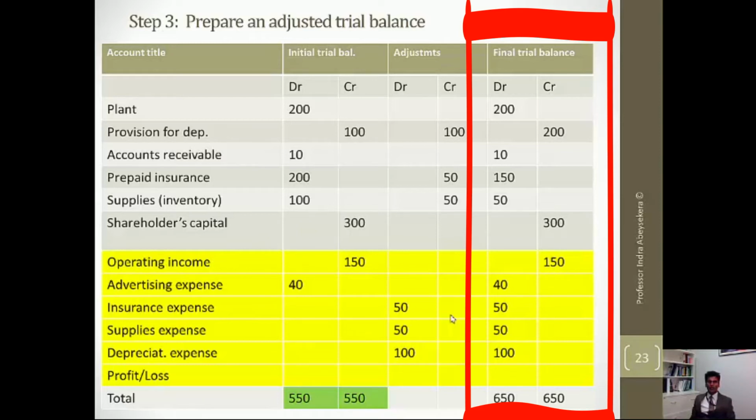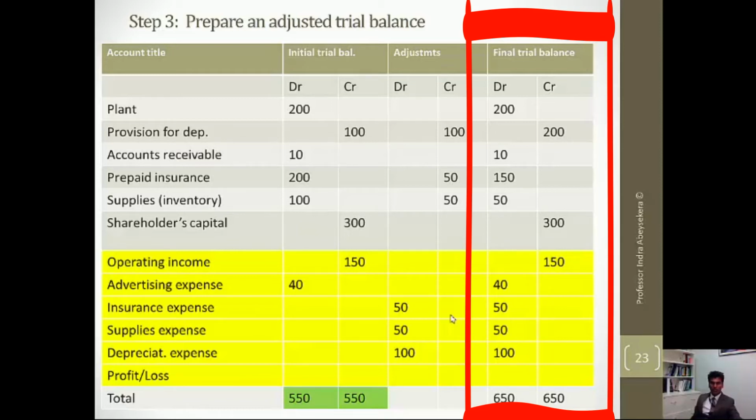When preparing the adjusted trial balance, please make sure that when you add the initial trial balance and the adjustments, like balances will increase, and unlike balances will decrease.